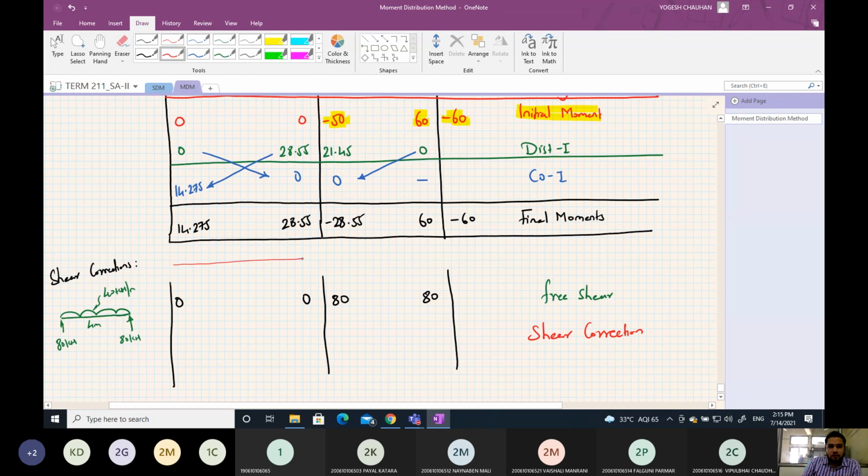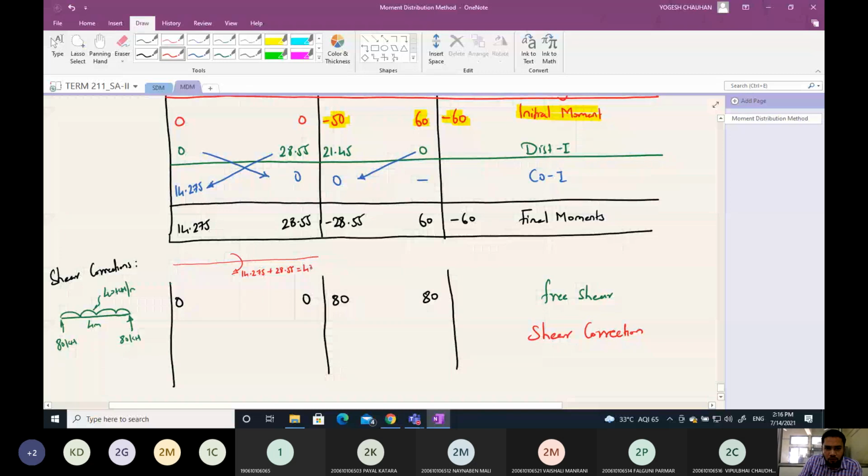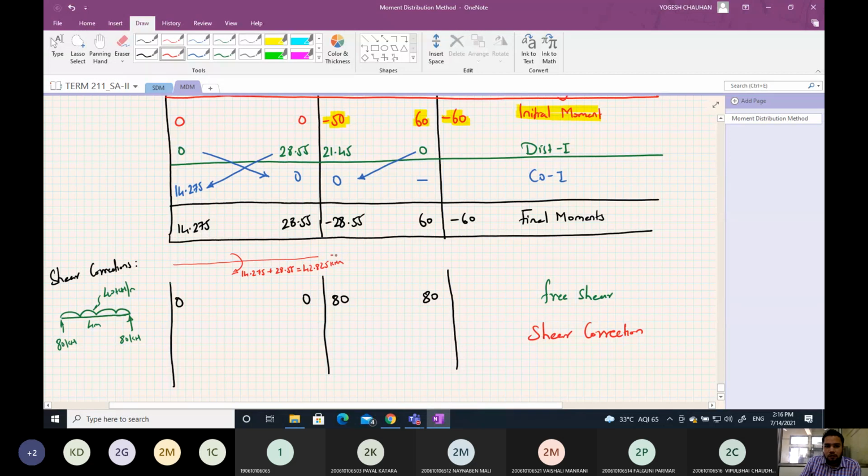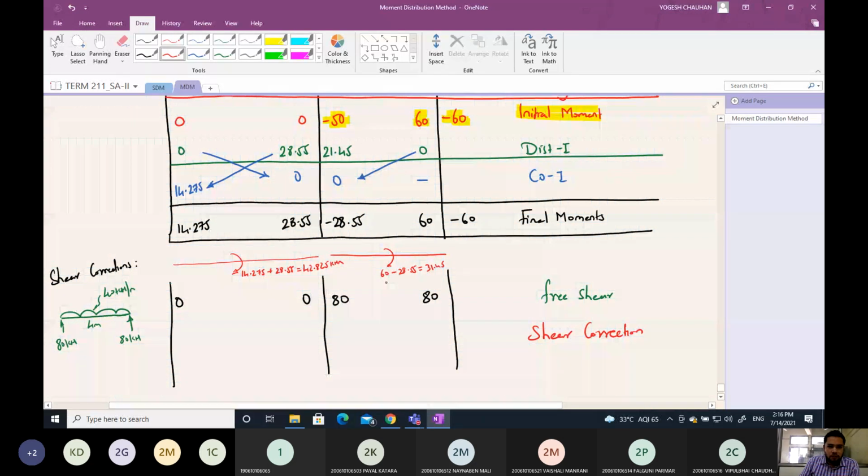So for this span, the unbalanced moment will be 14.275 plus 28.55, that is equal to 42.825 kilonewton meter. Okay, and similarly for this span, the unbalanced moment will be 60 minus 28.55, that is 31.45.